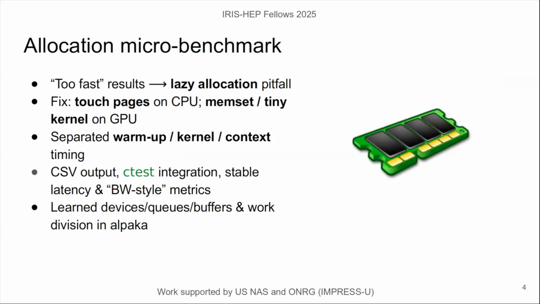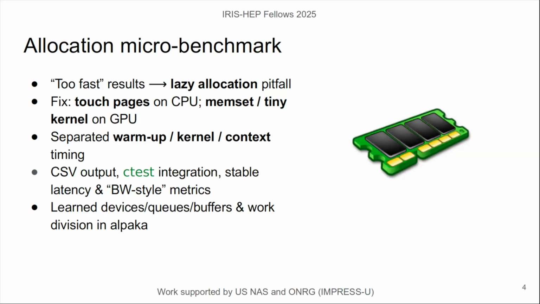I began with the allocation benchmark. My first measurements looked great, and that was a problem. They were dominated by lazy allocation. The operating system reserves virtual address space, but the physical memory is only committed on first touch.